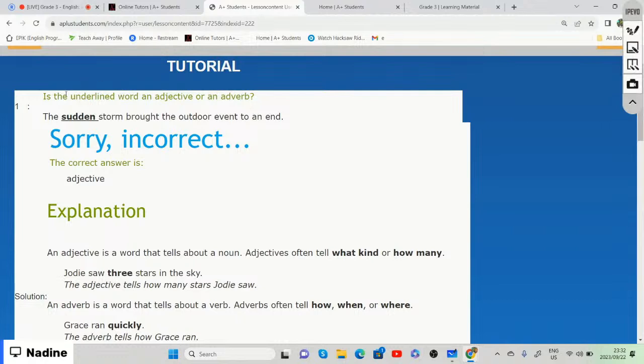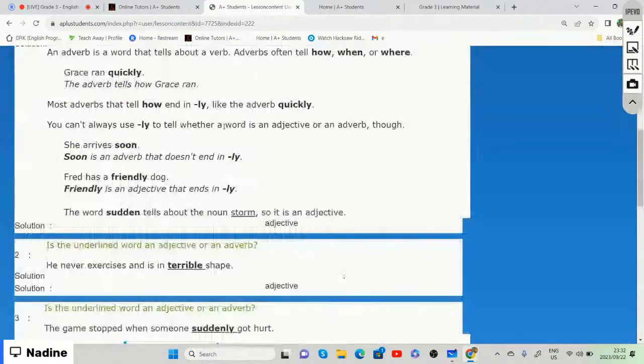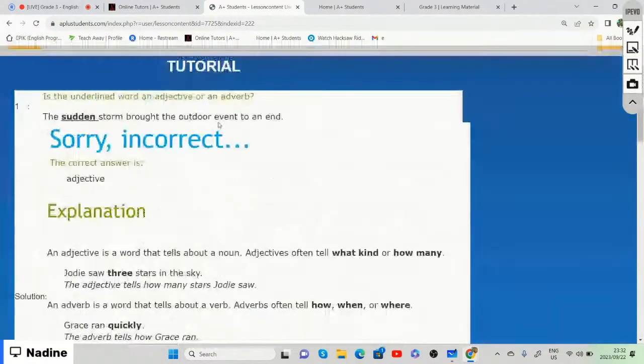So we need to identify, it says here, is the underlined word an adjective or an adverb? The sudden storm brought the outdoor events to an end. So the sudden storm.